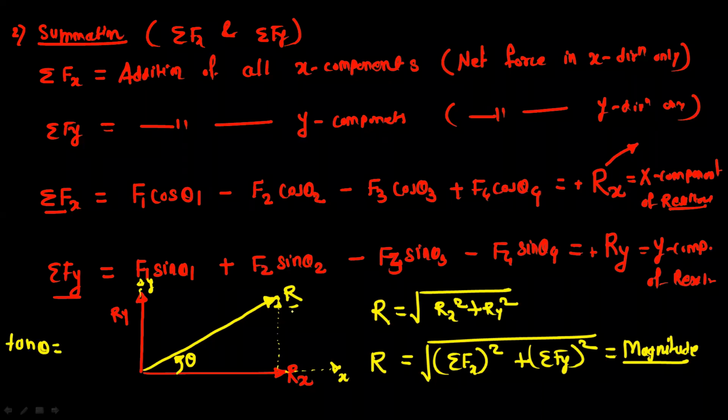The opposite is nothing but this side, which is Ry, and this is the adjacent side, which is Rx. So Ry over Rx means summation Fy upon summation Fx. So this is tan theta, and then you can take the inverse so that you will get the angle theta.